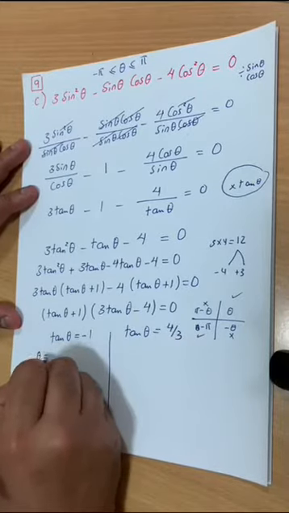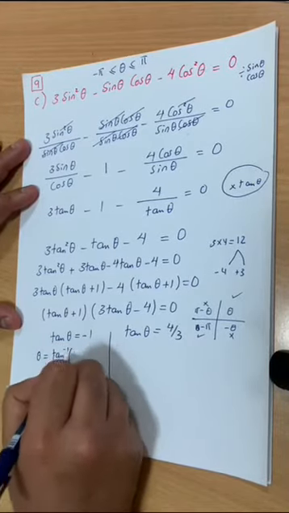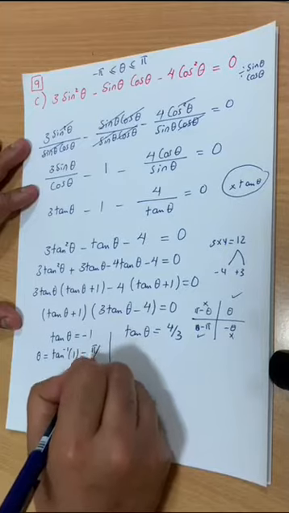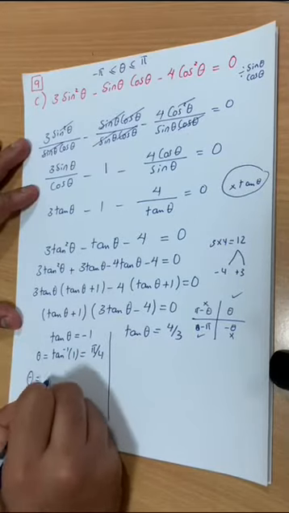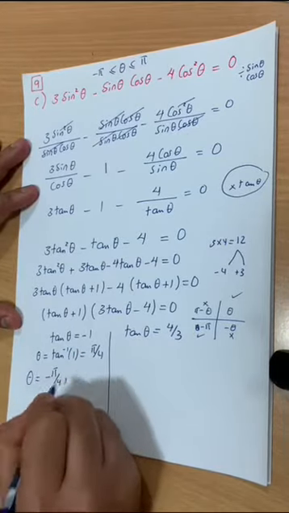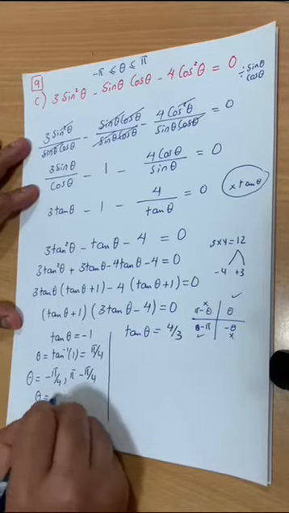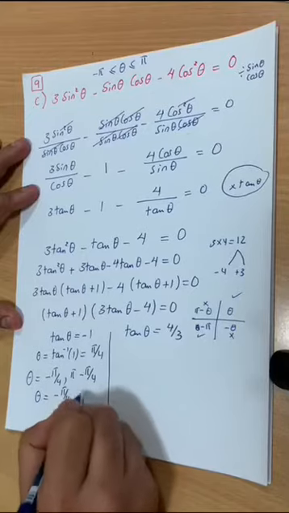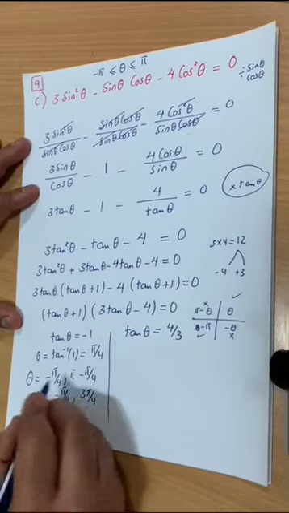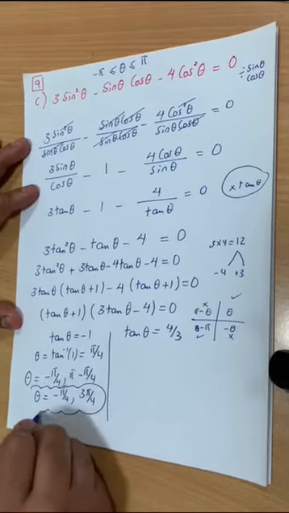So theta equals inverse tan of 1, which is equal to pi over 4. Then theta is negative pi over 4 and pi minus pi over 4. The angles are negative pi over 4 and 3 pi over 4.